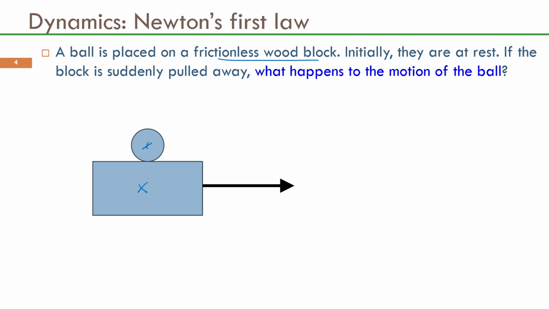After we pull the block out, along the horizontal direction for the ball, the net external force is 0. So in other words, for the ball, the net external force along x direction is 0. Based on Newton's first law, if the net external force along x direction is 0, the motion along x direction should have no change.